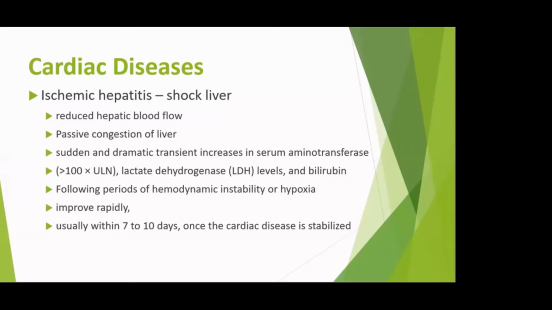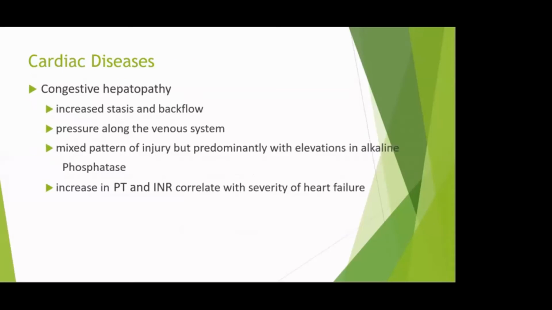Cardiac disease may also manifest as right-sided failure that leads to congestive hepatopathy, due to increased stasis and backflow pressure along the venous system. The liver test abnormalities show a mixed pattern of injury, but predominantly with elevations in alkaline phosphatase.